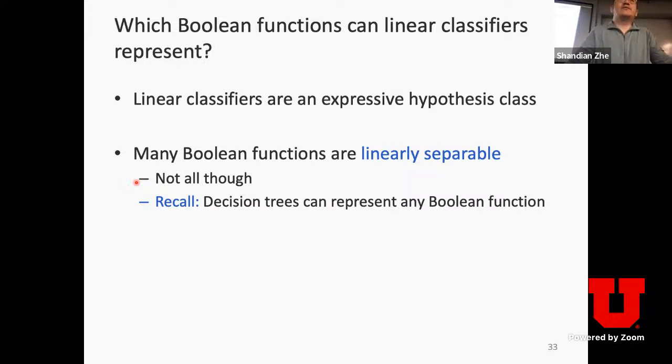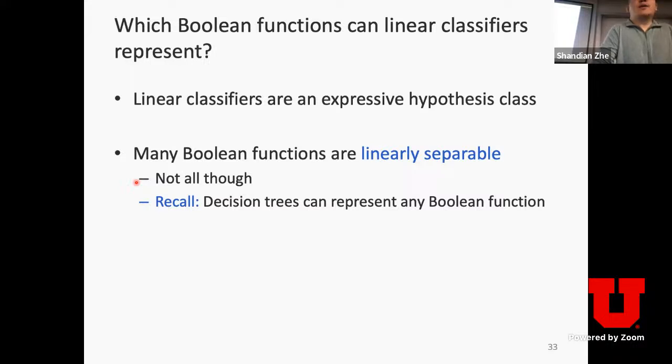Can decision trees classify any Boolean function? Is it possible? Yes. Remember when we introduced the concept called overfitting, we discussed that issue. If you give all possible examples to a decision tree and let it grow as deep and as large as possible, eventually it's going to represent every possible instance in this Boolean function.